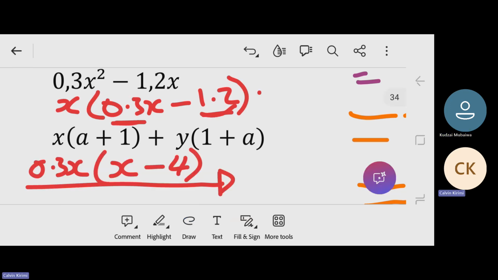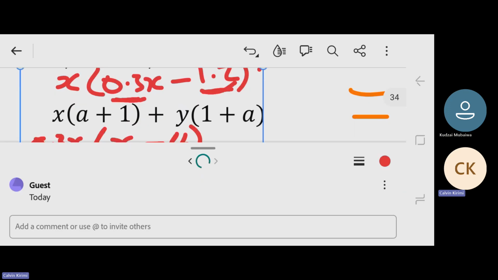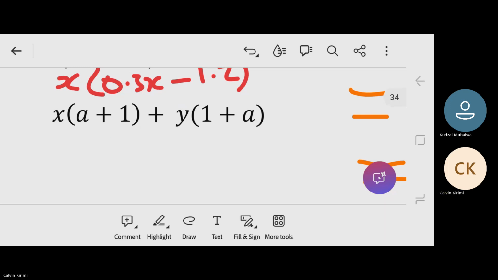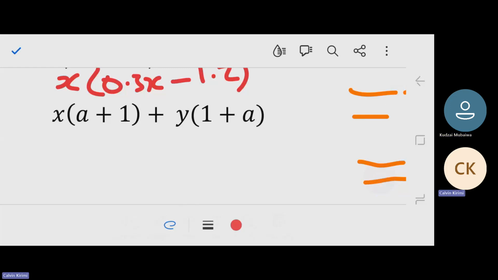All right. Let's go to the next one, to factorize. What do we do here? We start by grouping the like terms. Which ones are the like terms? A and A. What answer did you get for this one?